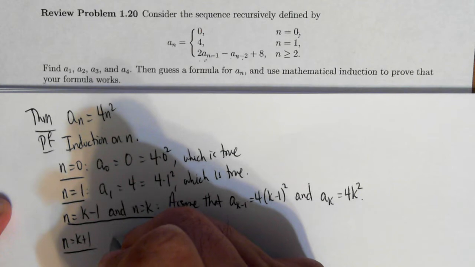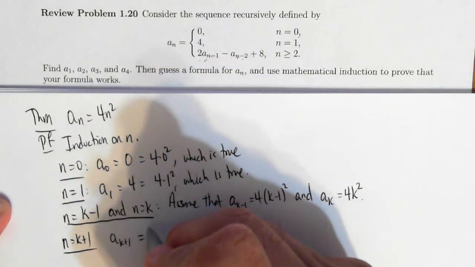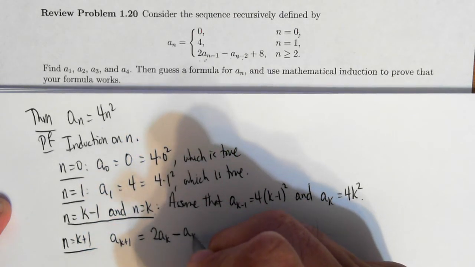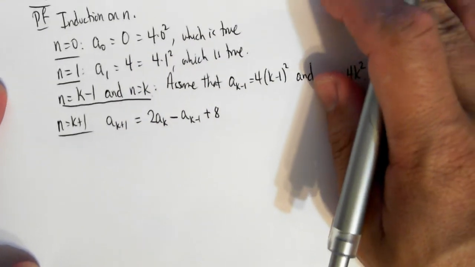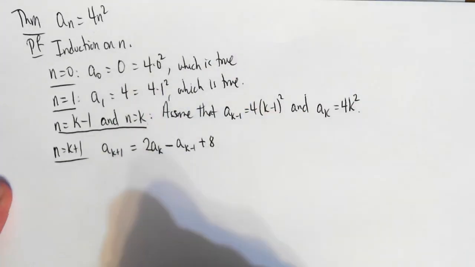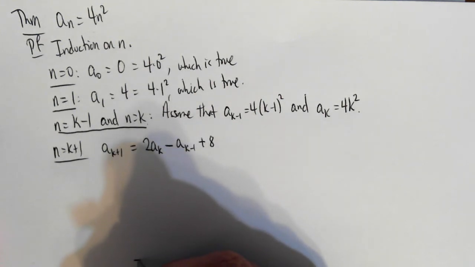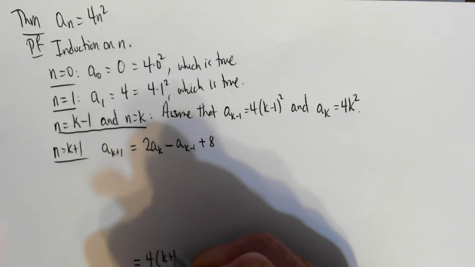So at n equals k plus 1, a sub k plus 1, using my definition, that's going to be 2 times the previous term minus the term that's 2 back plus 8. My target is that I want to show this is equal to 4 times k plus 1 squared.